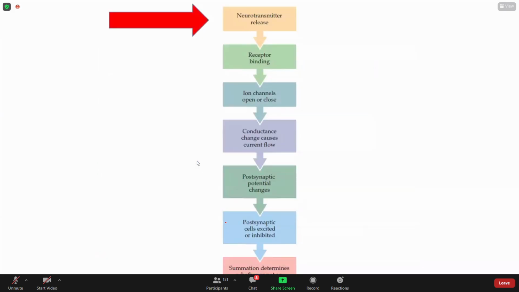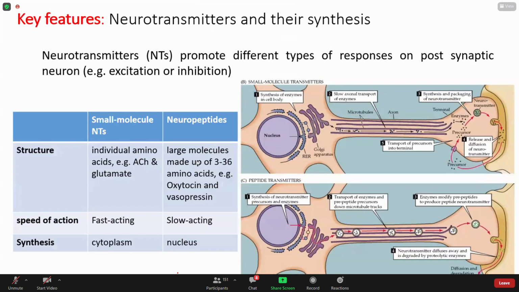Now let's talk about each individual feature in a bit more detail, okay? So firstly, we will just talk about the neurotransmitters. You will learn more about the different types, I think, in tomorrow's lectures with Dr. Hamdan, okay?